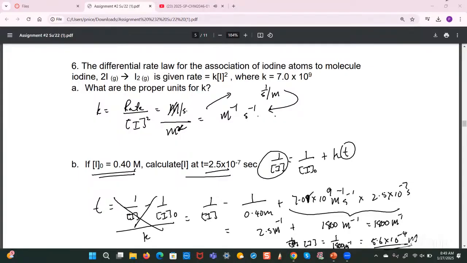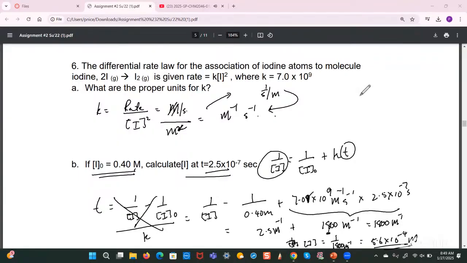Yes, ma'am. 1 over 0.4? Yeah. But so, Professor, do you not add the 2.5 to the 1800? Right, yeah, you do add the 2.5 to the 1800, but you're going to get a number which you have to round off to the correct number of sig figs, or in this case, decimal places. Right? So basically, you have to round off to where the hundreds place is right here.